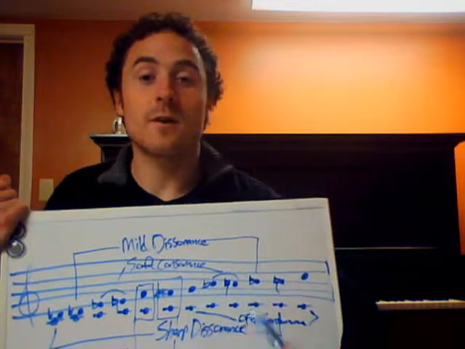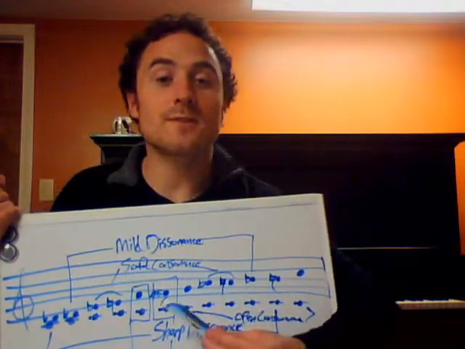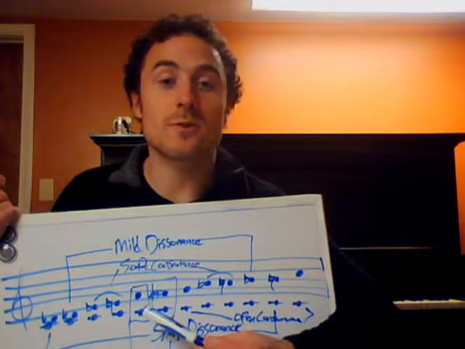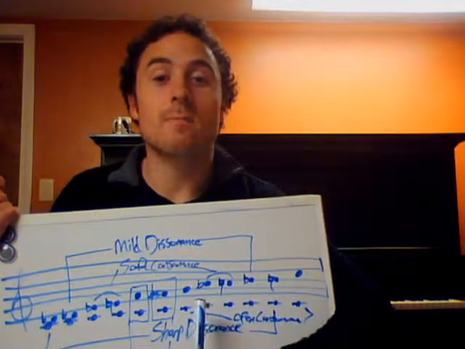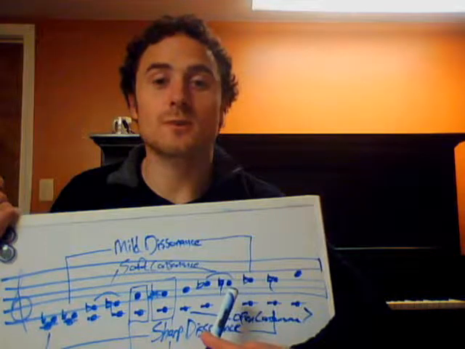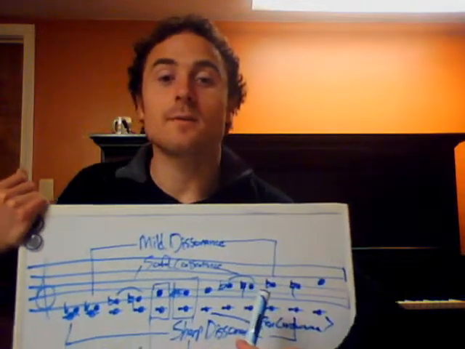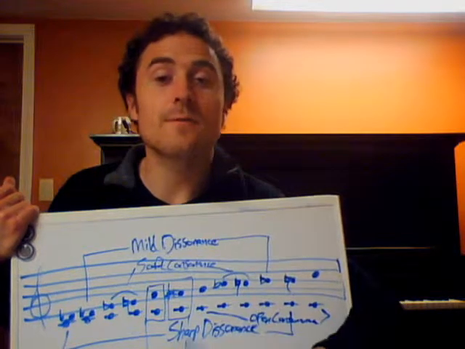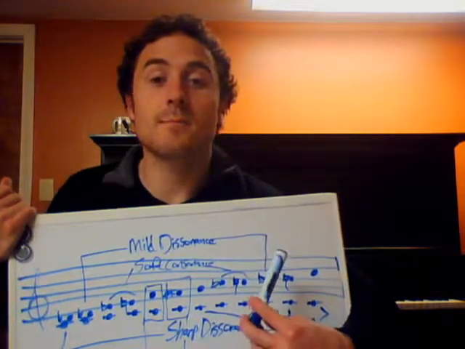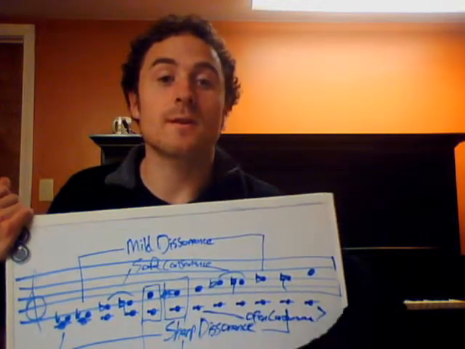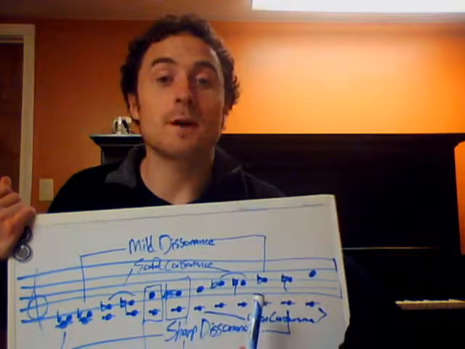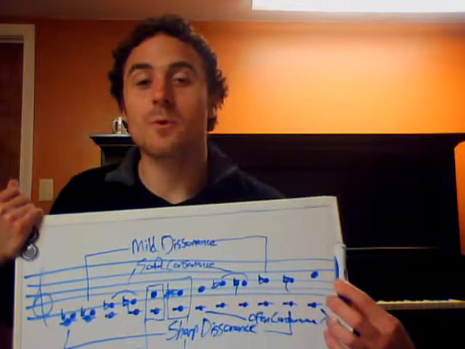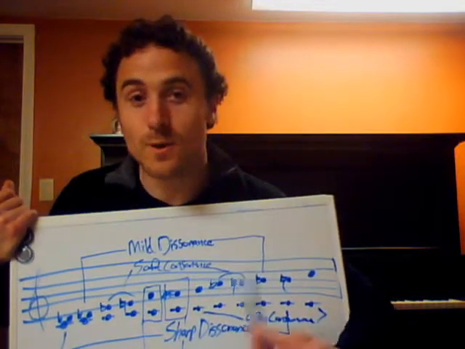Okay, here we go. The soft consonances. Yeah, with the minor third and the major third, but also the minor sixth and the major sixth. And so these are both inversions of one another. If you notice, every pair that's grouped, like the major second and the minor seventh, are grouped together because those are both inversions of one another.